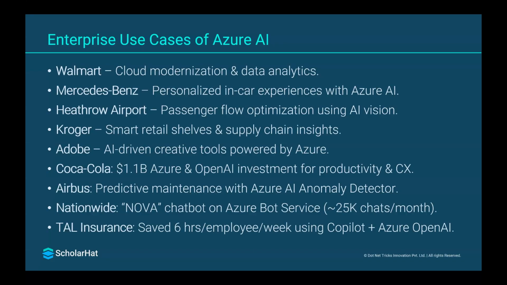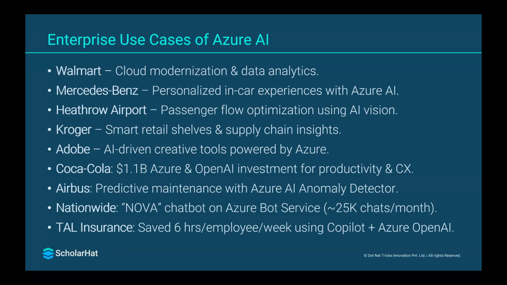So these many companies are already using Azure AI services to make their products better and more intelligent, so that they can serve their customers in a better, more recommendation-driven way. These are the companies already using Azure AI in enterprise.